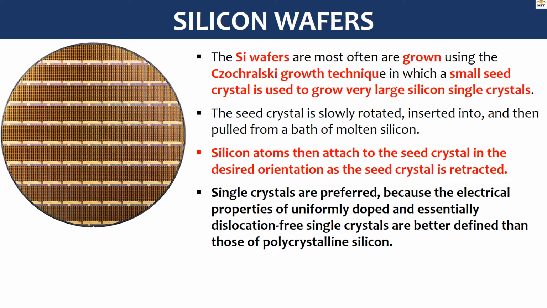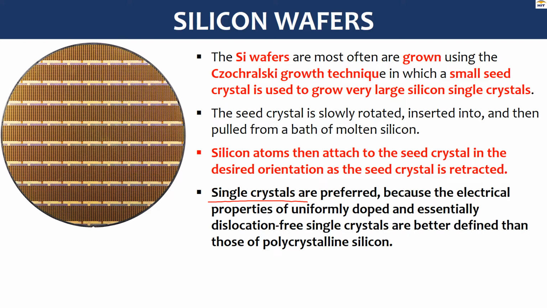The seed crystal is slowly rotated and inserted into the molten silicon bath, and then it is pulled slowly out of the molten silicon bath. So the silicon atoms then attach on the seed crystal in a desired orientation as the seed crystal is retracted or removed. Usually you require single type of crystals for your wafers.